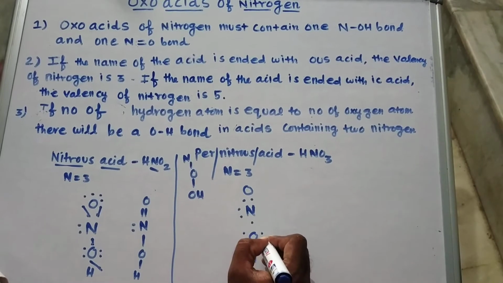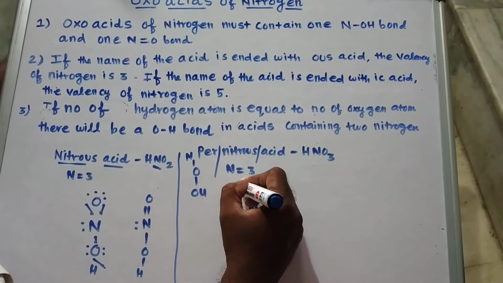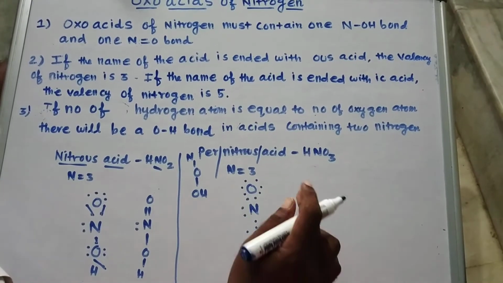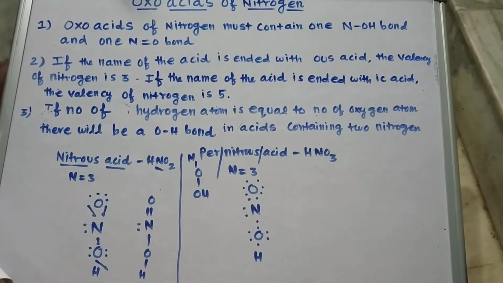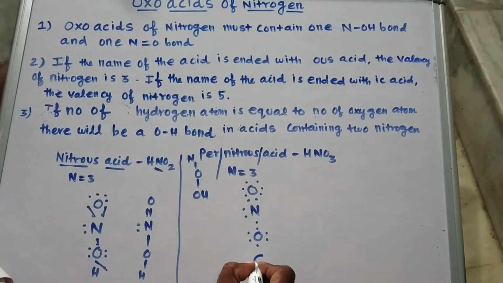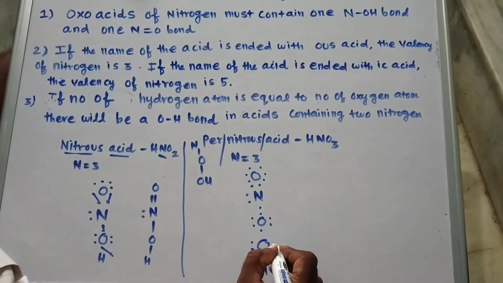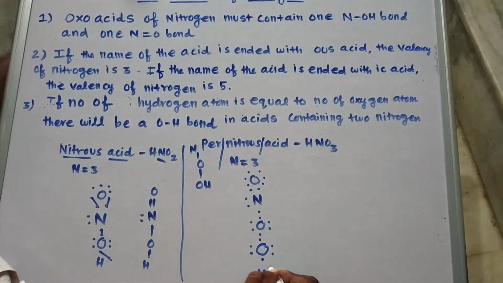But in that case there is an oxygen between the OH bond, therefore here it must be another oxygen and there will be a hydrogen. For hydrogen it is equal to 1.